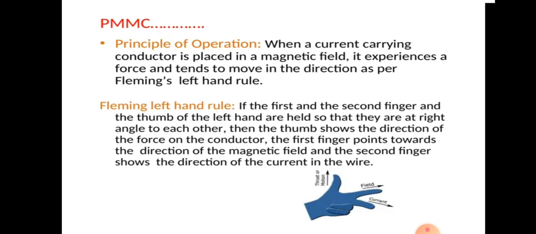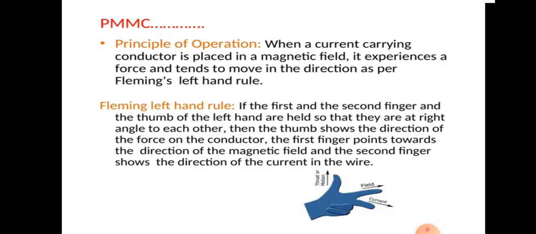When a current carrying conductor is placed in a magnetic field, it experiences a force and tends to move in the direction given by Fleming's left hand rule. It means whenever we use a current carrying conductor, the directions of the current and the magnetic field depend upon Fleming's left hand rule.